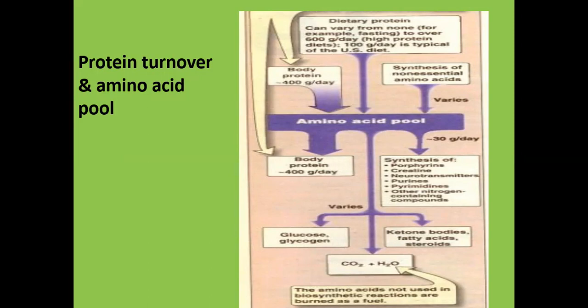Now, these tissue proteins are not degraded at the same rate. Therefore, they are divided into two groups. There are two types of tissue proteins: one is the fixed tissue proteins and the second is the labile tissue proteins. About half of the body proteins are associated with the skeleton or other supporting tissues of the body, like collagens.